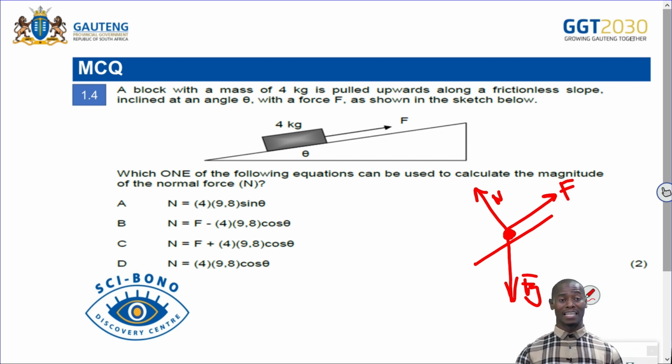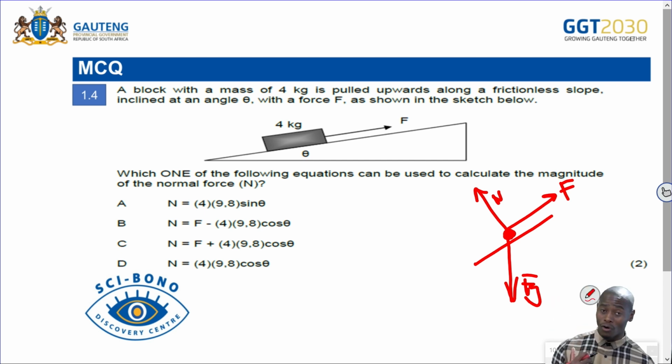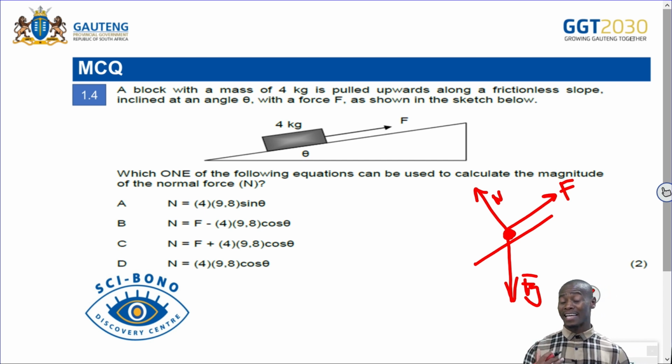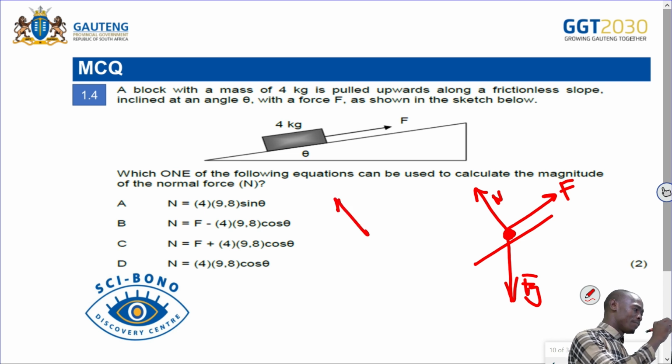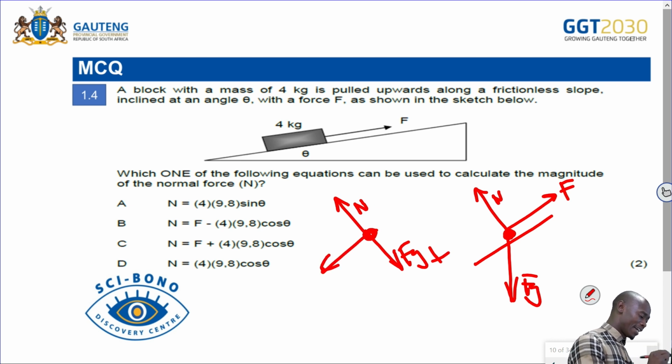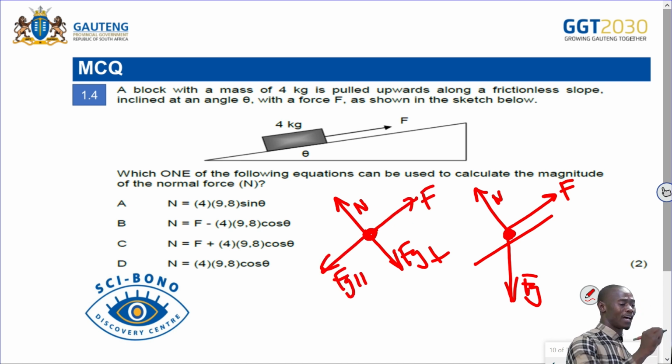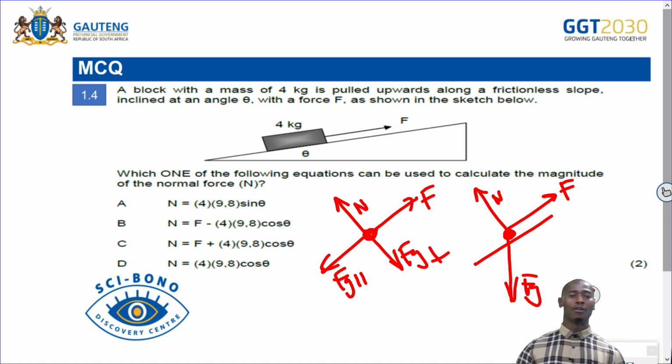It is acting at an angle. So if a force acts at an angle, we resolve that force into its components. So I will have the normal force, and it goes together with the Fg perpendicular. Then this side, it will be Fg parallel. And then there will be the force applied.